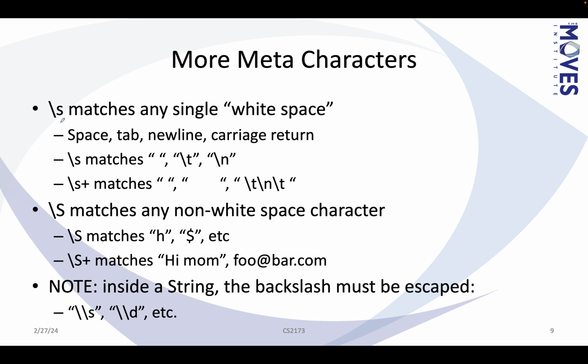For example, in DOS it was carriage return and new line, whereas in Unix it was just the new line, and then I think there's another one that I sort of forget. So all those are white space, tabs, new lines, carriage returns. Those are all white space because when you look at it, you can't see it.